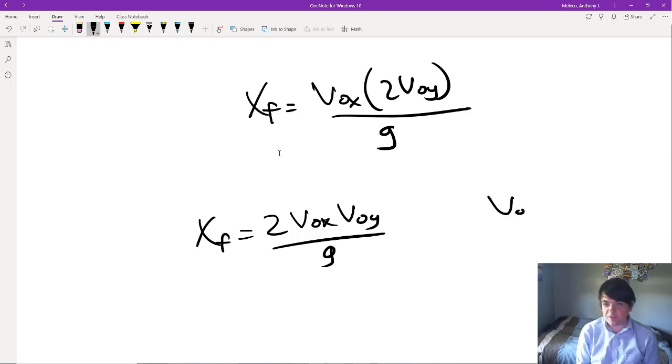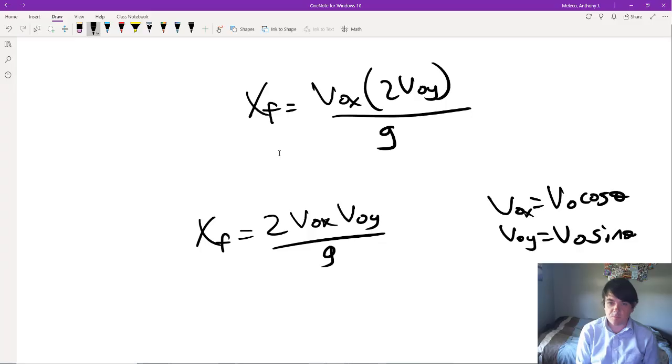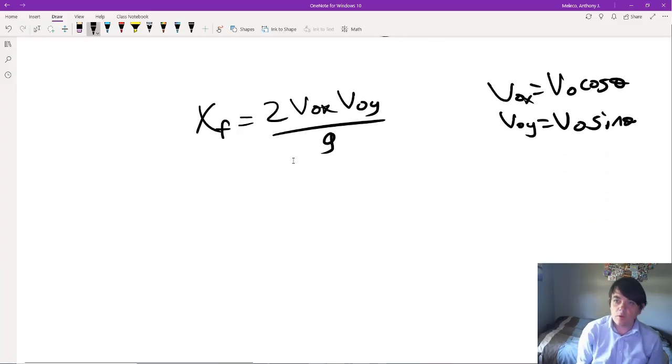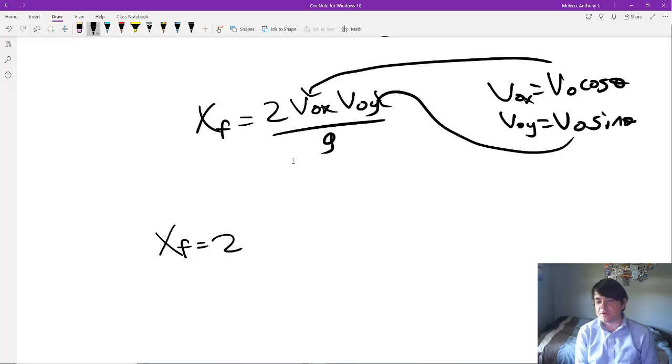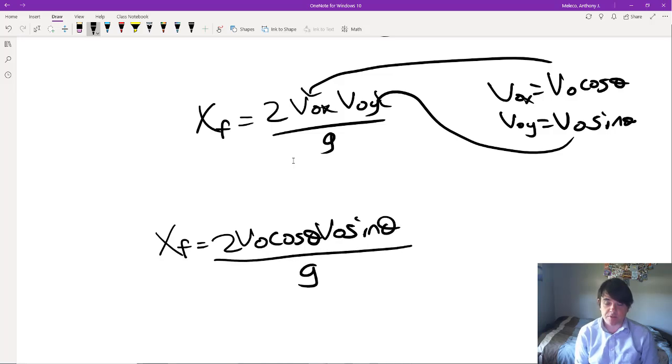But now, what did v naught x equal and what did v naught y equal? Well, they're v naught cosine theta and v naught sine theta. So let's plug those in there. And part of the reason I show you derivations like this is I think they're useful for you to know. It's a good practice of algebra, okay? Especially in this class where algebra is not easy, right?